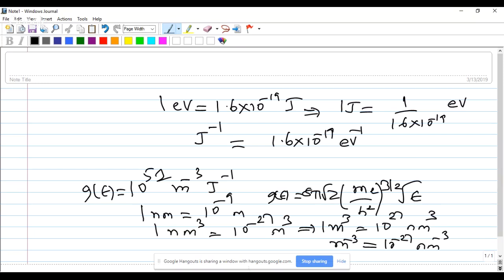So that is why when you convert from per joule per meter cube, you have to multiply by 1.6 times 10 power minus 19 for converting joules to electron volts, and 10 power minus 27 for converting from meters to nanometer cube. So that is how you get the final answer in the assignment. But density of states by itself is defined as per volume per unit energy. So let me go back to the main screen.